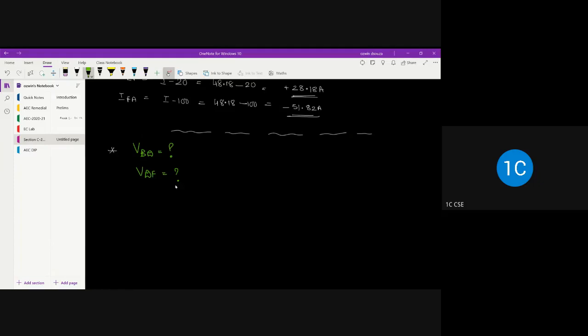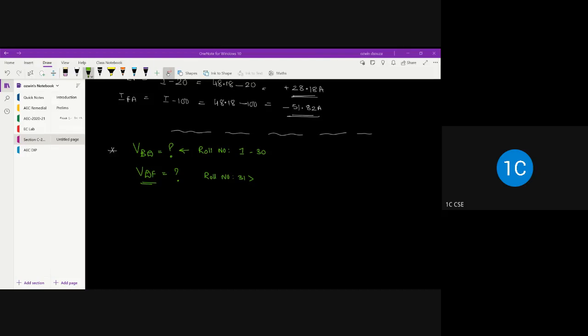This will make kind of an activity: from roll number 1 to 30 can find VBD, and from roll number 31 onwards can try finding VDF. Can you do that? Then you can share your answers in the class group, not in the main group, the basic electrical group.